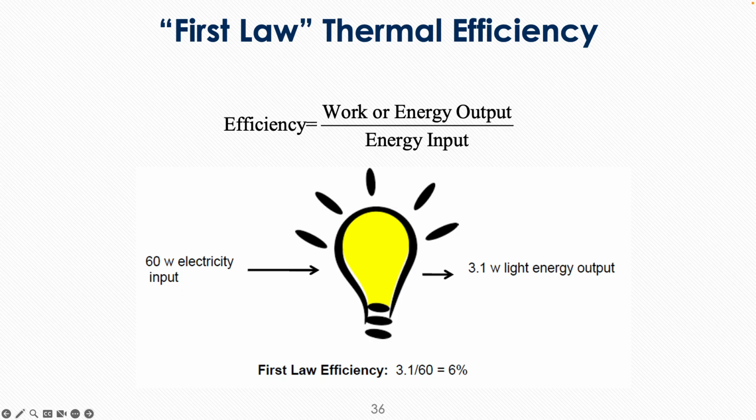And so what happened to the rest of the energy? Heat, yeah. Right, and so 60-watt light bulb, so that's definitely in reference to an incandescent, which if you guys remember, emits a lot of heat energy.